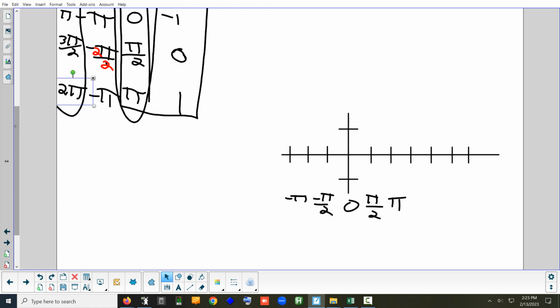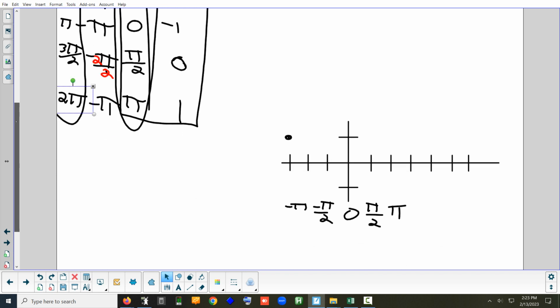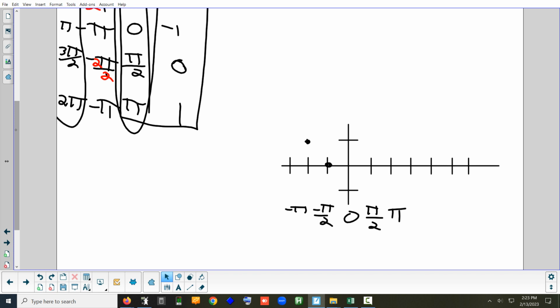So negative pi, 1. Negative pi over 2, 0. 0, we are at negative 1. How about pi over 2? We're at 0. And pi, we're back at 1.